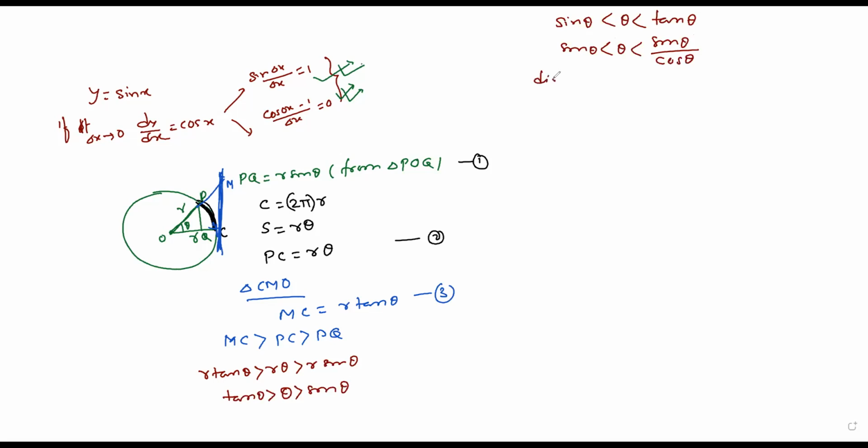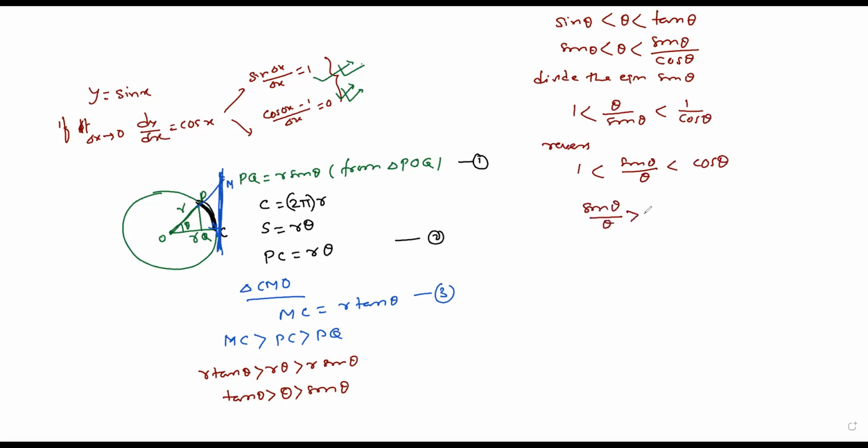So if we divide the entire thing by sin theta, we get 1 by sin theta, theta by sin theta, and 1 by cos theta. Okay, so just reverse it. So we can write sin theta by theta is less than 1, and cos theta is less than sin theta by theta.